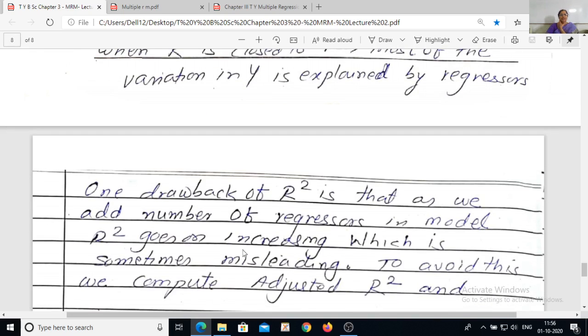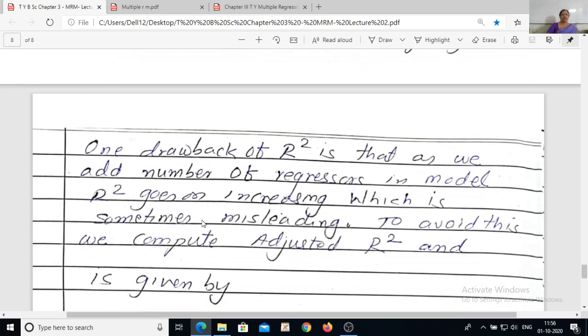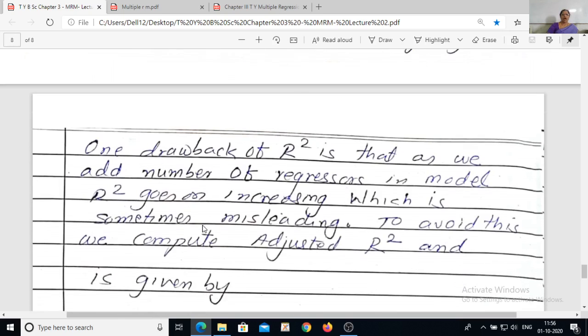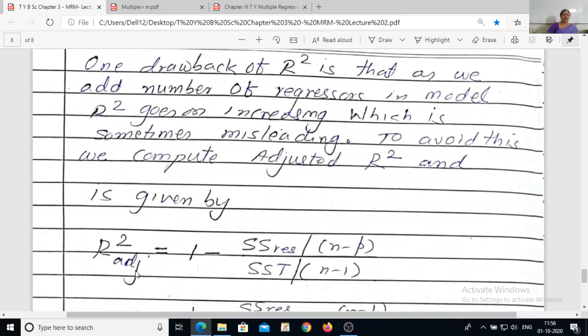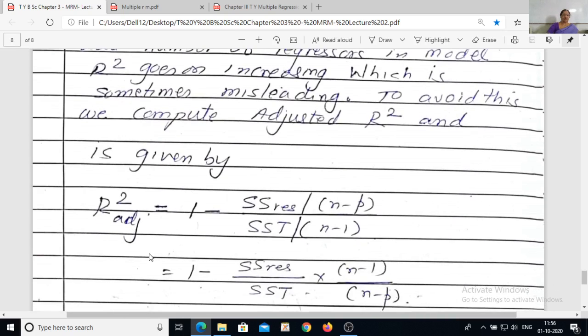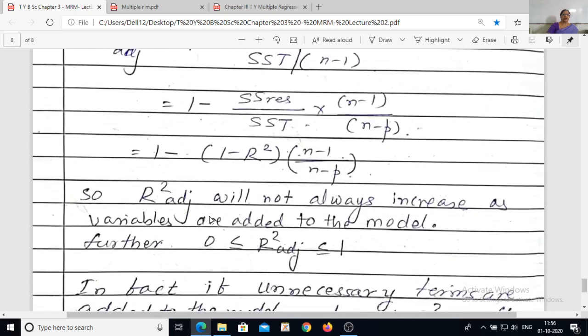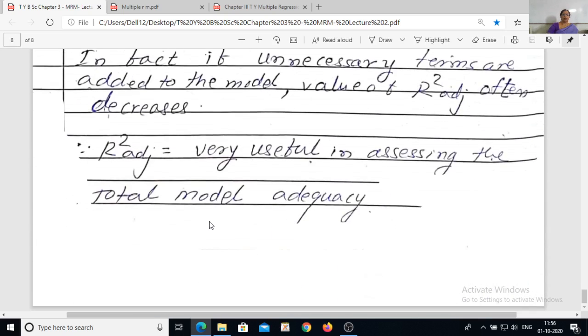And this is the thing which we are going to discuss in our lecture in Google Meet, how to compute adjusted R square in order to check the validity of your regression model.